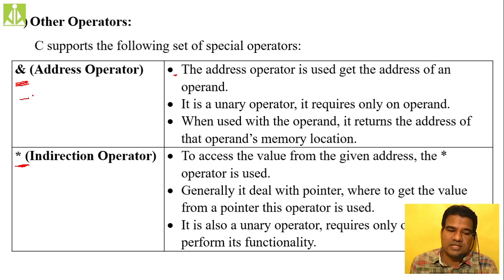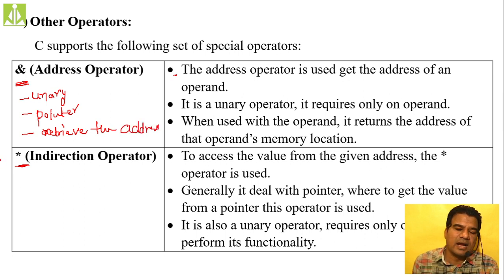This one is also used in pointers. See the points I'm writing over here. Ampersand: unary, used inside pointers, and it retrieves the address. So these things you remember. And the indirection operator is also a unary operator, and we use this one also in pointers.